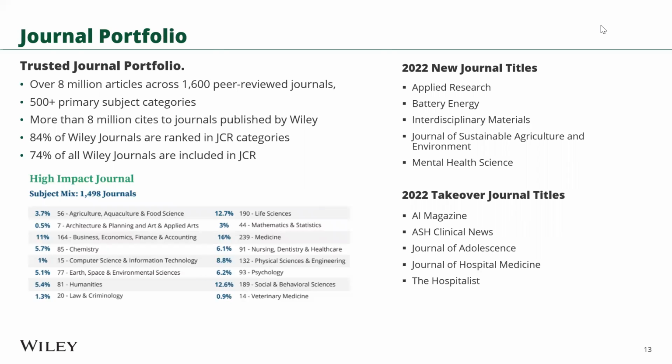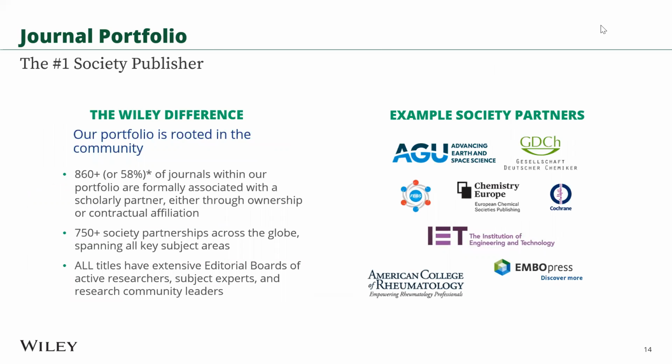But in general, we have everything from agriculture and business, chemistry, humanities, medicine, psychology, even veterinary medicine that's out there for users to read. So with these titles, with these society partnerships, we have some of the best and most well-known societies that we're partnering with out there.